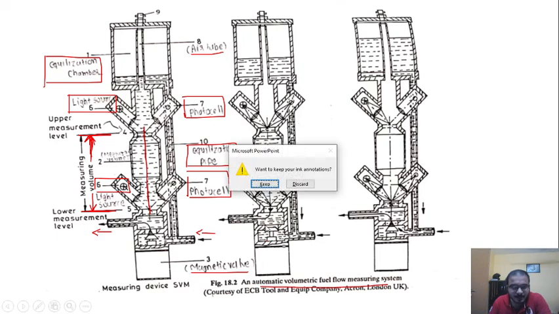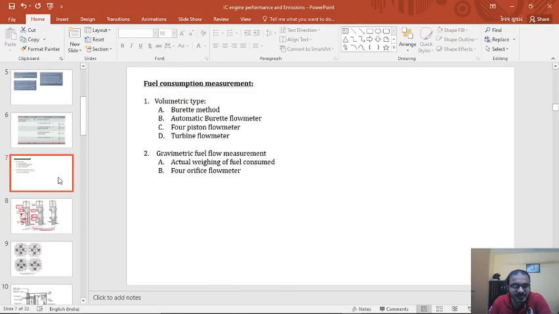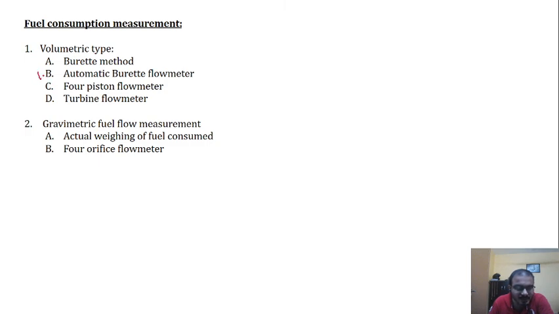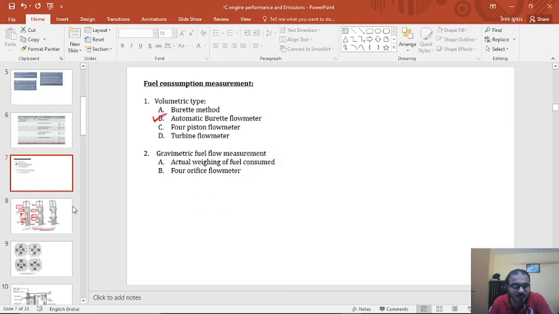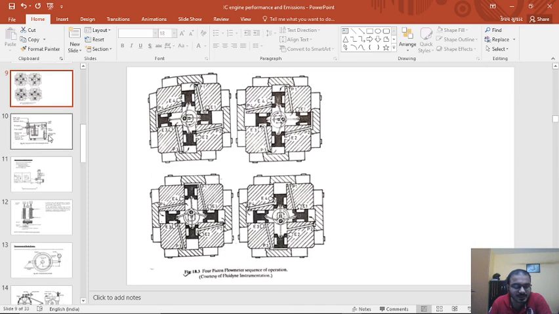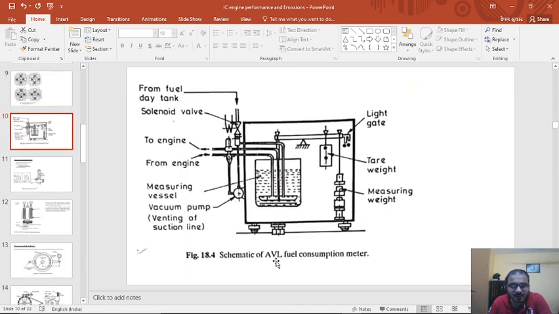So we have discussed the automatic burette method, and here we have covered section B. Next we will discuss the 4-piston flow meter and automatic weighing of fuel consumed. That is over here. This is the 4-piston flow meter, and then we will be discussing the automatic weighing machine.